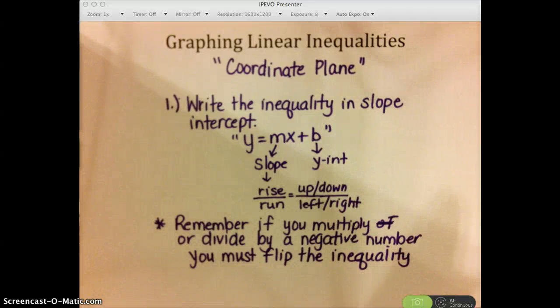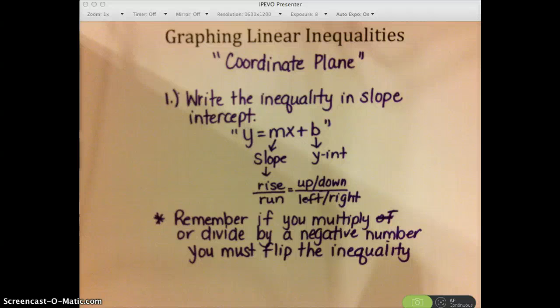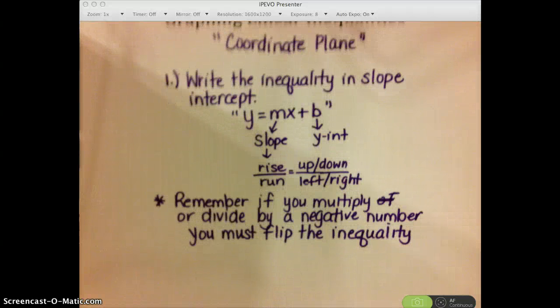So the first step, we're going to write the inequality in slope-intercept form. And if we multiply or divide by a negative number, then we've got to remember to flip that inequality. So let's take an inequality and let's practice.